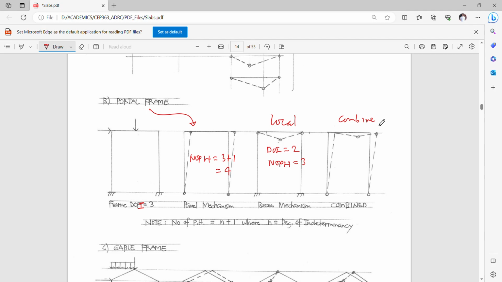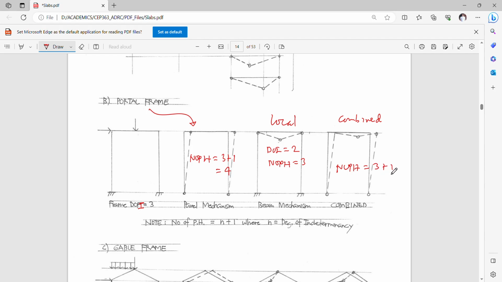If I consider the total number of degrees of indeterminacy equivalent to 3 here, my number of plastic hinges will simply be equivalent to 3 plus 1.